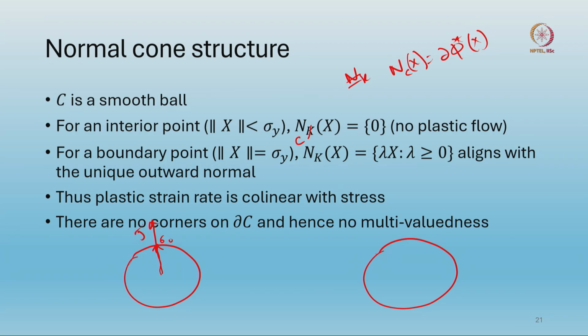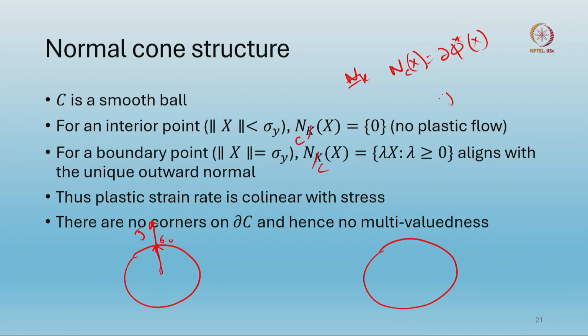So, essentially therefore, N_C sigma 0 will be equal to lambda x, for lambda greater than or equal to 0, it is still undetermined. Lambda, the modulus of lambda is nothing but the plastic strain rate's value, magnitude, right. It aligns with the outward unique normal, all right. So, thus the plastic strain rate is again seen to be collinear with stress, just from the definition, plastic strain rate I want to find.